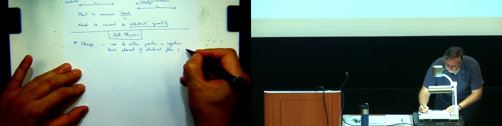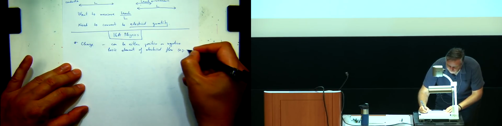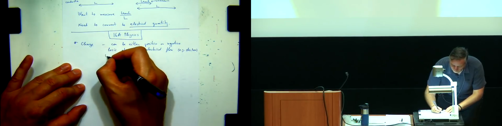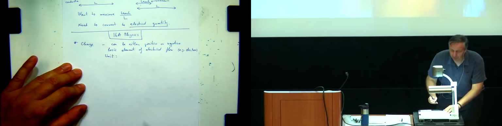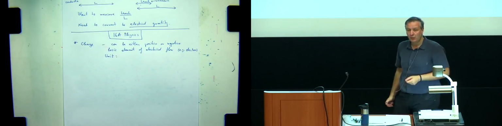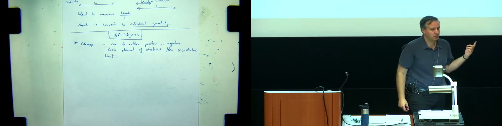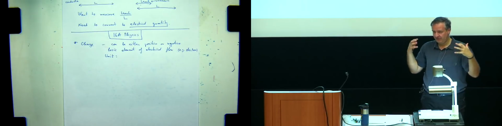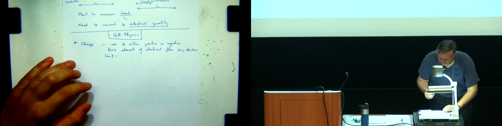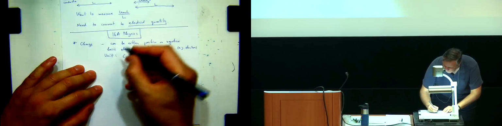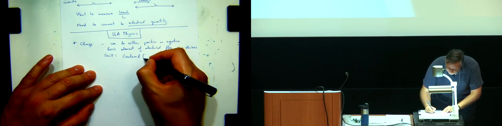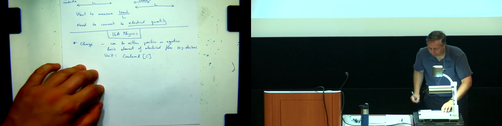For example, an electron. Whenever we talk about physical quantities, we also want to know their units. That's going to be very important when we check whether our math is working out correctly. So for charge, the coulomb is the unit, C.